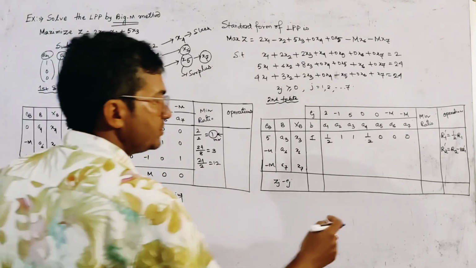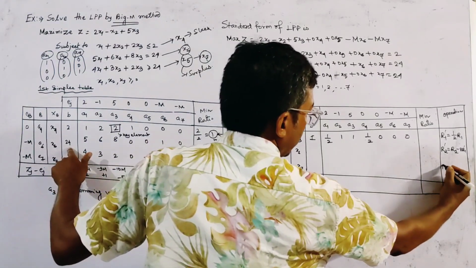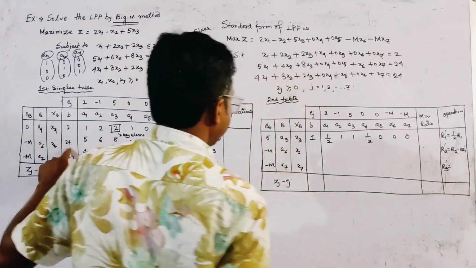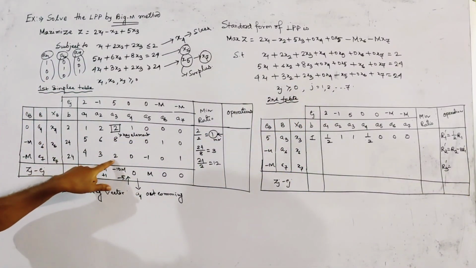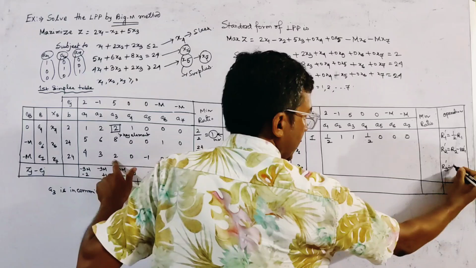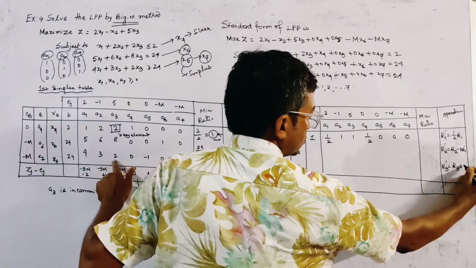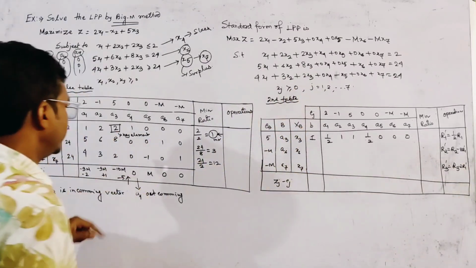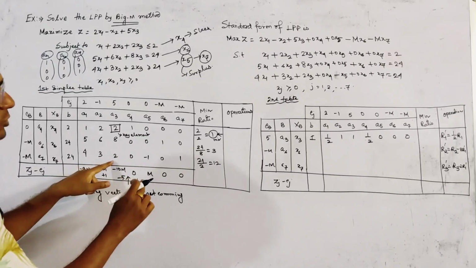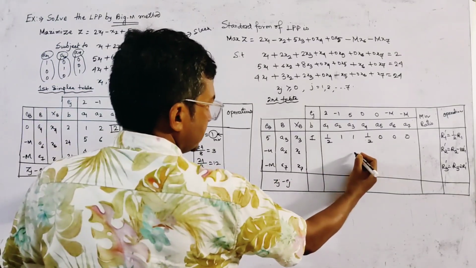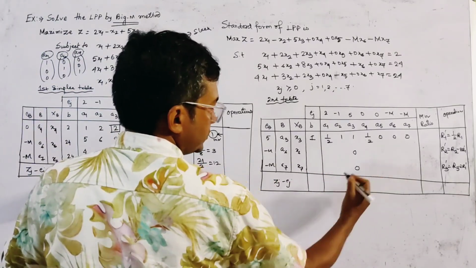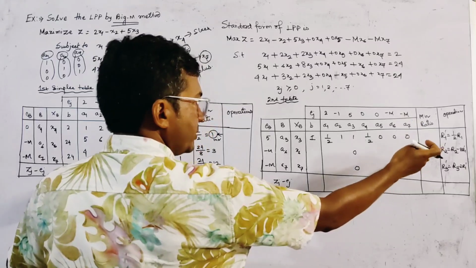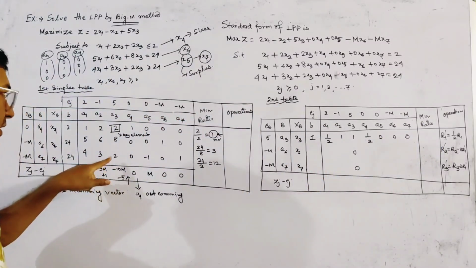Similarly for R3 dash, this is 2, so we make the operation R3 minus 2 into R1 dash. Then this becomes 0, so we write first this column 0 and 0, and by similar operations we write all the elements like this.